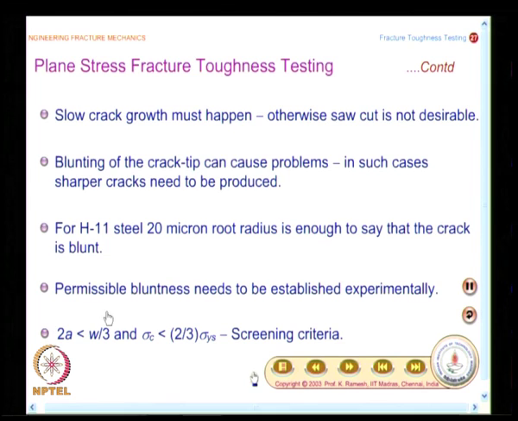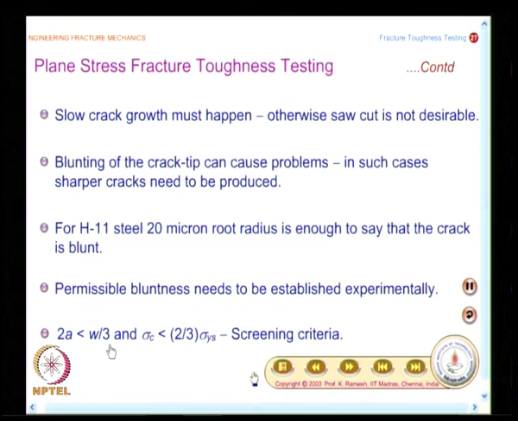And you have certain screening criteria. The length of the crack should be less than 1/3 of the width, 2a is less than W/3. And I had already mentioned, the moment you come to plane stress fracture toughness testing, the width of the panel also matters.